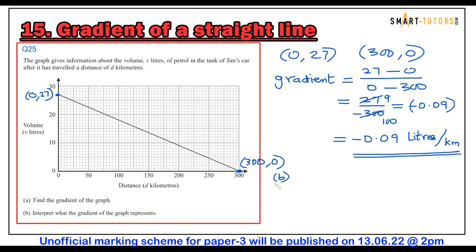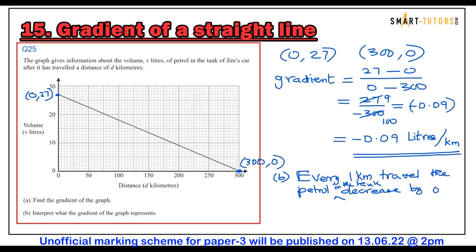So the B part, interpret what the gradient of the graph represents. So the gradient has a minus sign. Minus sign means decreasing. So for every 1 kilometer traveled, the petrol in the tank decreases by 0.09 liters.